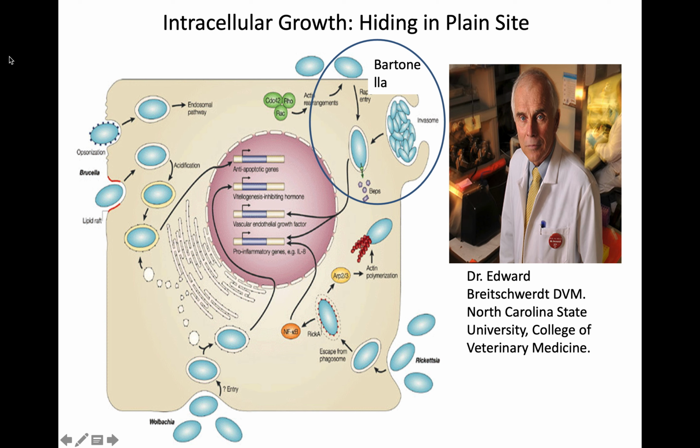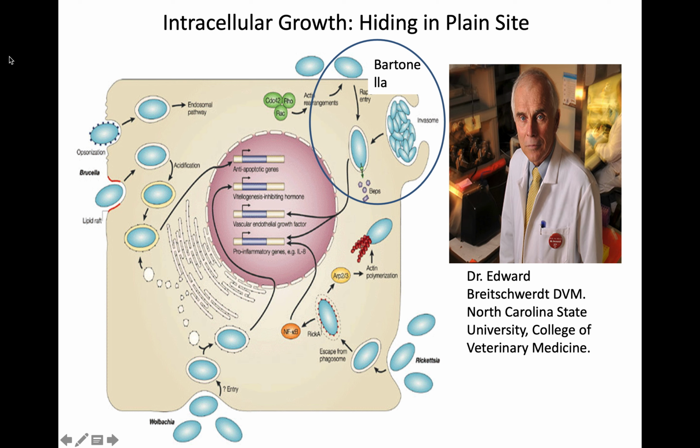Then we've got the rickettsias on the bottom. Again, they enter one by one, but once they infect the host cell, they form a protein-like tail made of actin that will propel them around the cell.